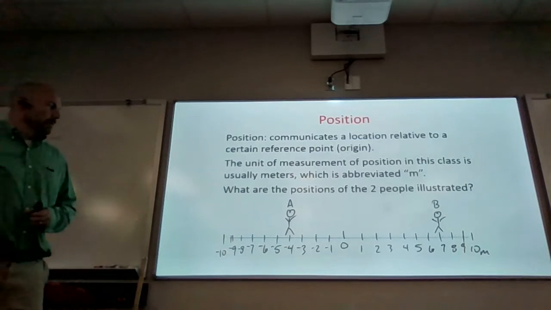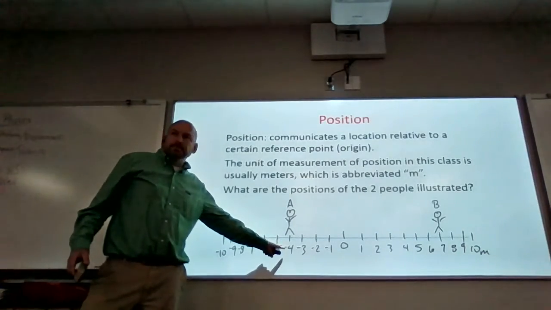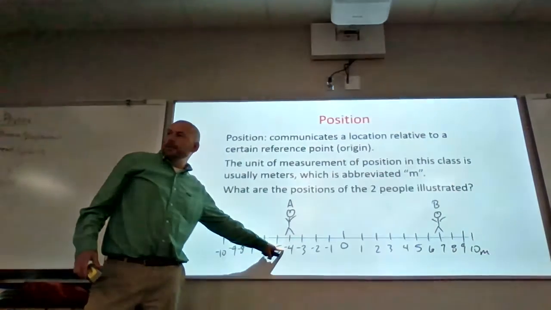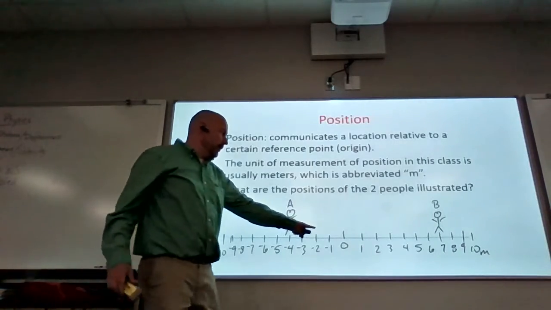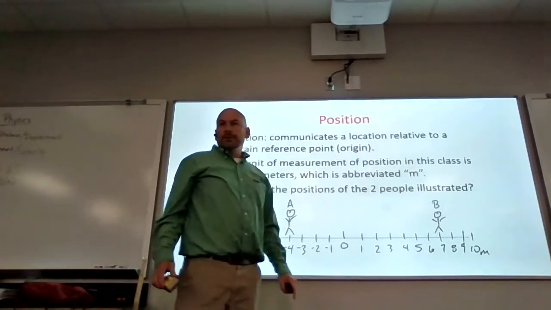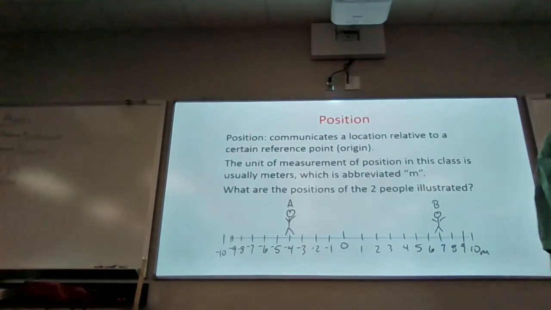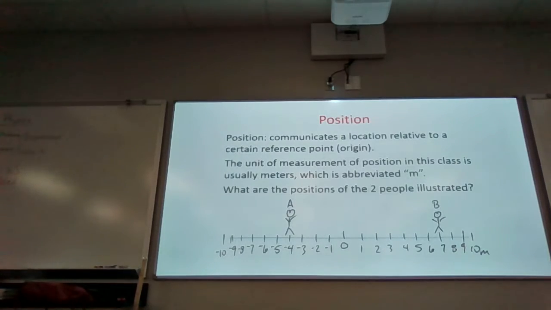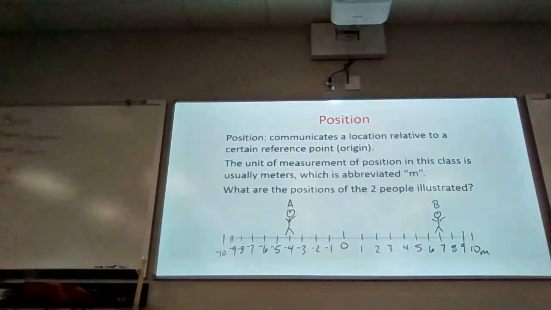Okay, so person A has a location of -4 meters relative to our 0. Person B has a location or a position of +7 meters. Good with that? It's like where you're at.